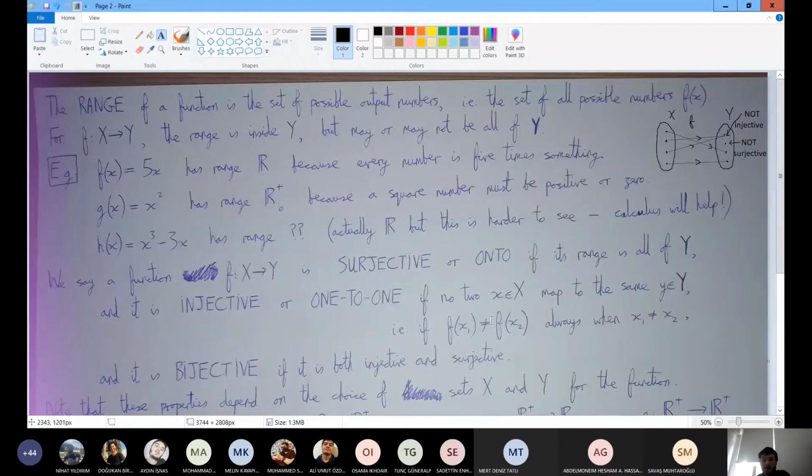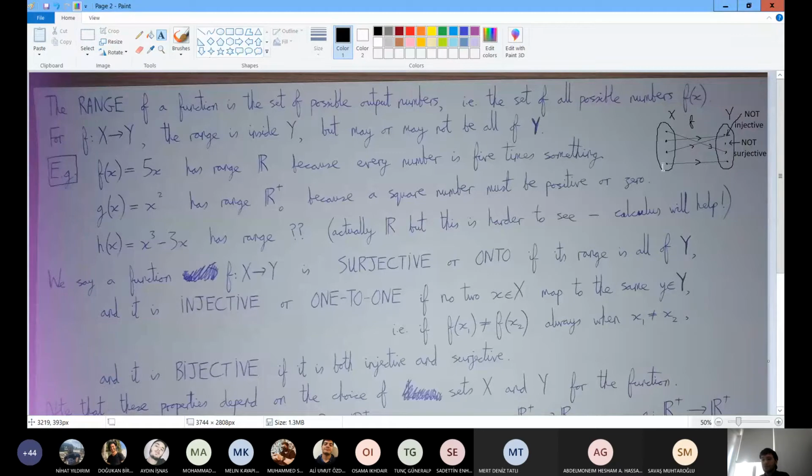Okay, so injective means that if you have two different numbers in x, they must go to different numbers in y. You have x1 and x2, they're not equal to each other, then f of x1, f of x2 must be not equal to each other. So that's what injective means.